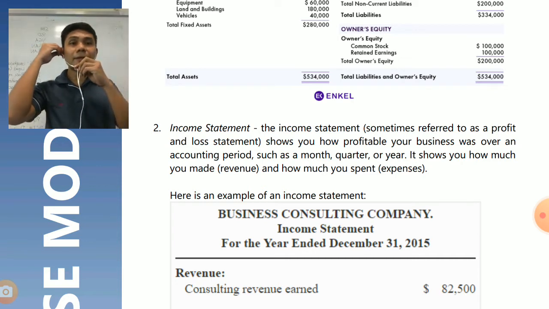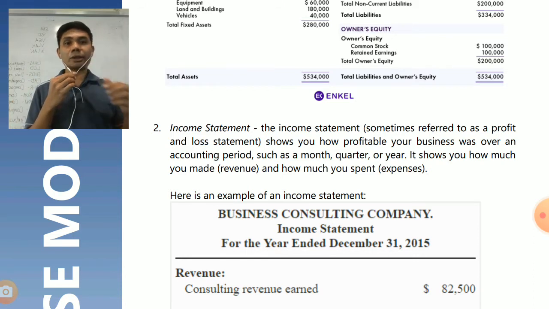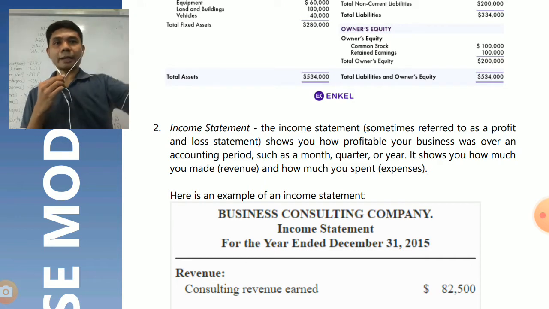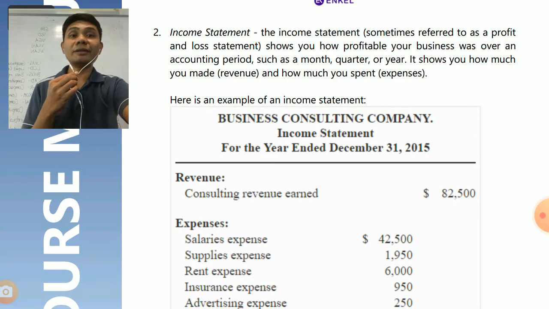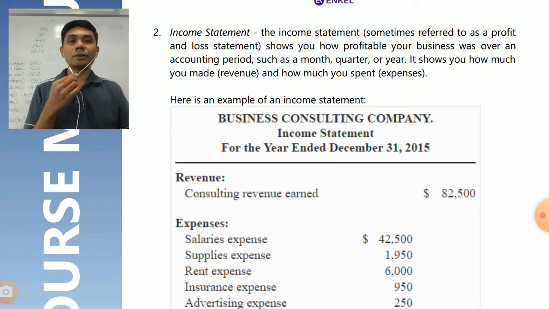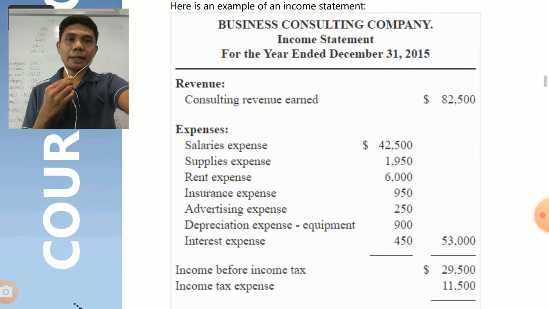So dili tanang panahon naay profit ang business, usahay net loss ang ma-incur. So mao ni ang naa sa income statement. Makita ninyo for the year ended December 31, 2015. Meaning, mao na ang income from January 1, 2015 to December 31, 2015. Kay 1 year man.